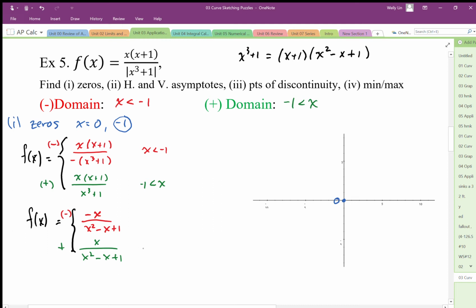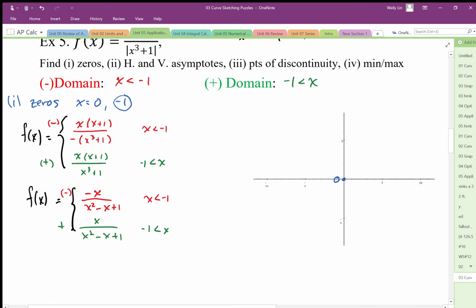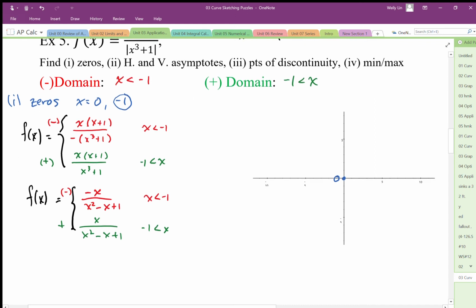Maybe I should make sure I put the domain in here. What's going to happen to this graph as x goes to positive or negative infinity? So let's do the limit as x goes to negative infinity. We have weak over strong, so that's going to be 0.